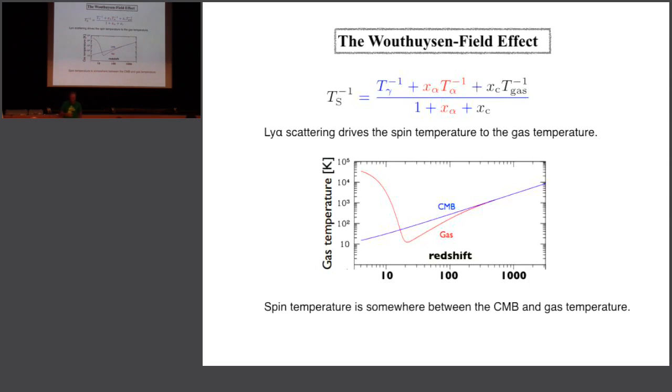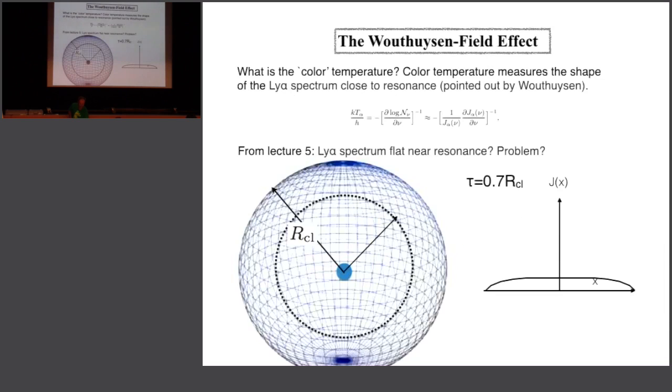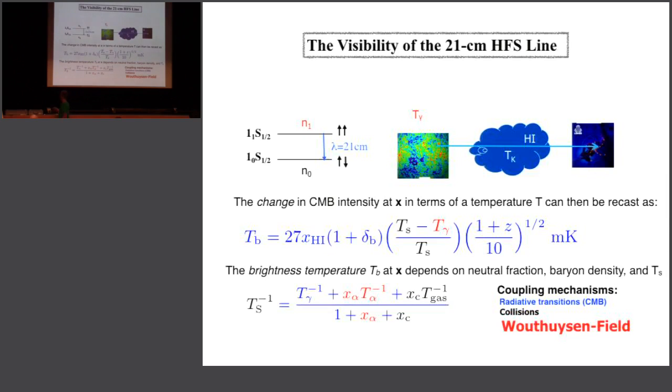Okay, so I'm just going to put up this slide again, which shows the evolution of temperature as a function of redshift for both the gas and the CMB. And we know that the spin temperature is somewhere in between these two. The other thing we know from the radiative transfer equation is that if the spin temperature, for example, is larger than the CMB temperature, this term is positive.